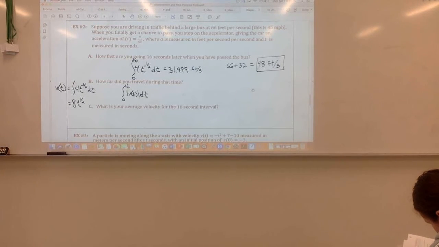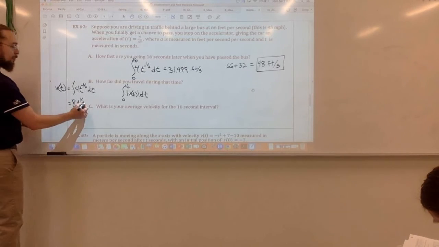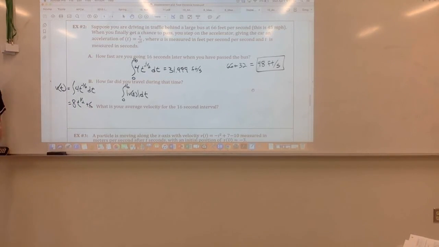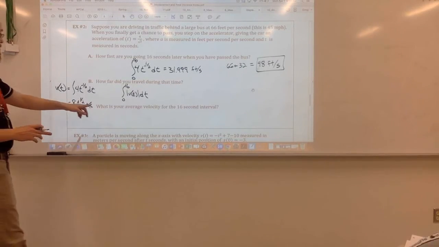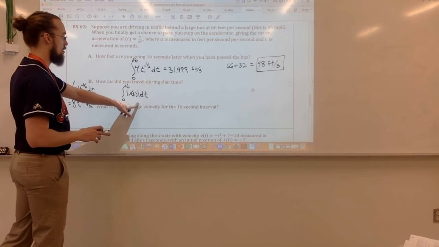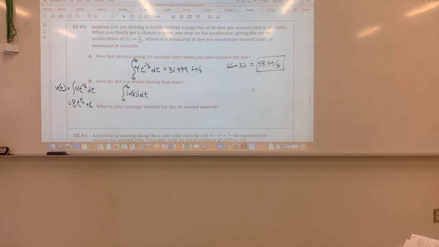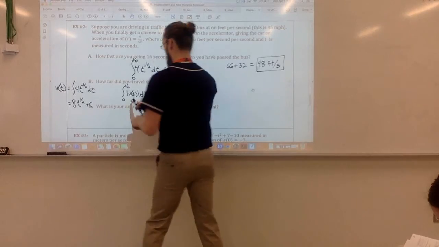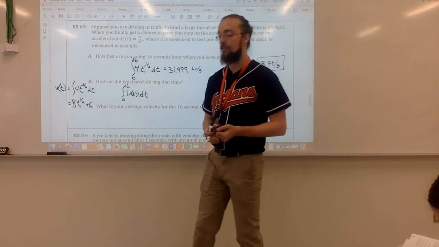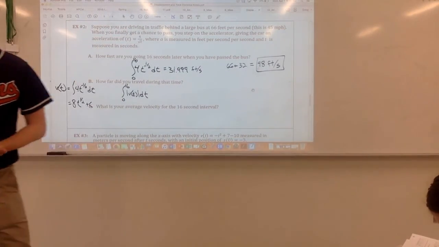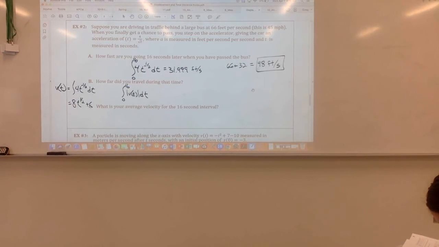So technically we would have a plus c here. But when we're taking our antiderivative of velocity, we don't need to think about that plus c.